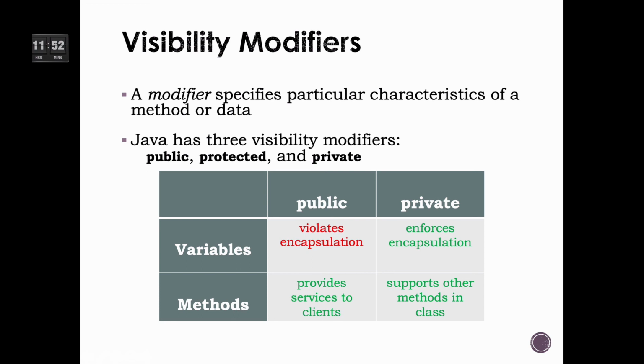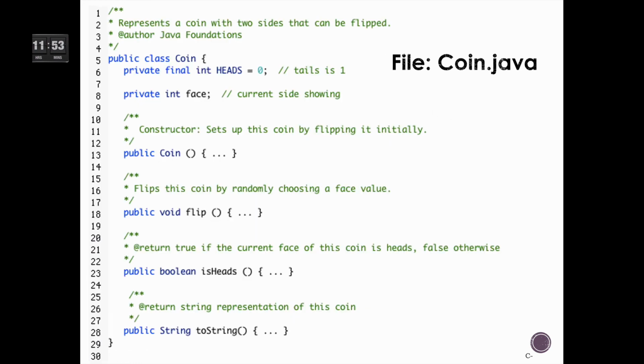You have already seen in the code we have shown you so far the terms public and private. Here, for example, class coin is public, and variable face is private. And these other methods are public. All right, so here is using the term private, in this case for this piece of data called face, and we use the word public for these methods that the class has.